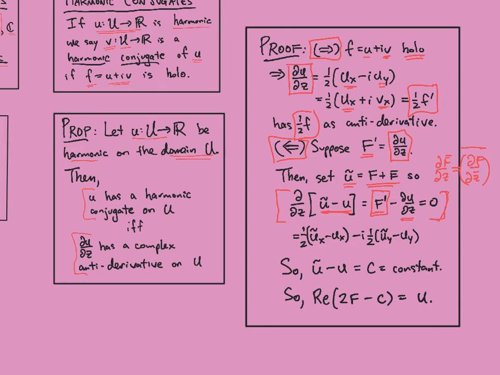But for this real valued object, I get that d/dz, I'll just have these x derivatives in the real part and these y derivatives in the imaginary part, and this is identically 0. So this difference has partial derivative with respect to x and partial derivative with respect to y, both identically 0.